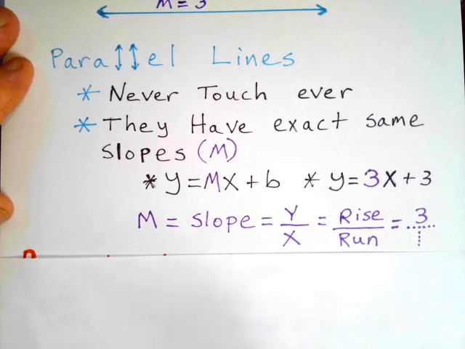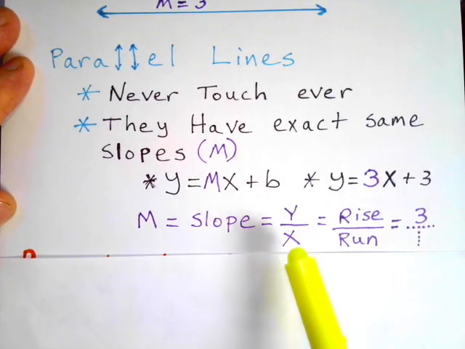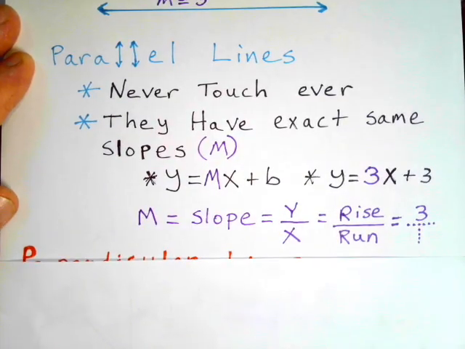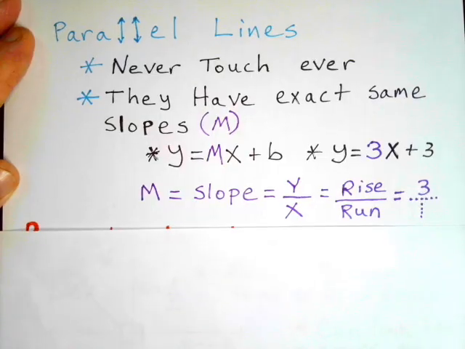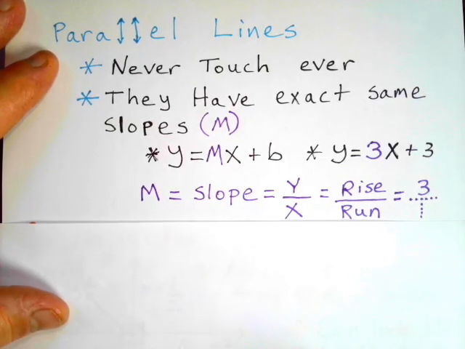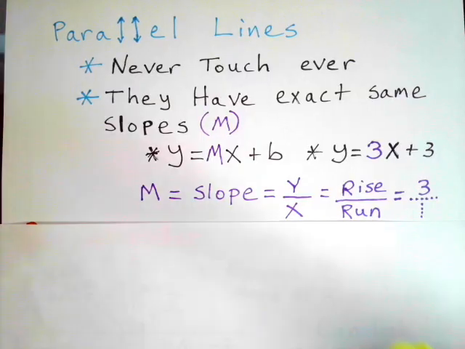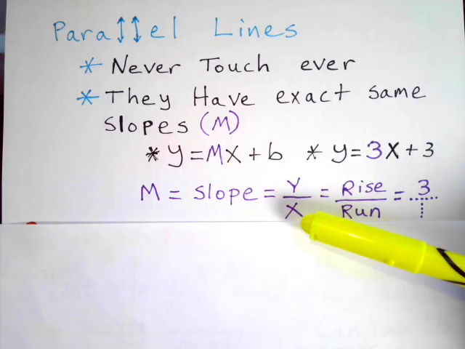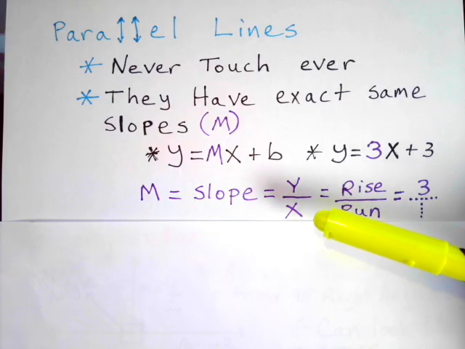And what is slope? Slope is always a fraction, even if it's an invisible one in the denominator, like I'm showing you here. It will always be a fraction with the value of y over the value of x, or rise over run.